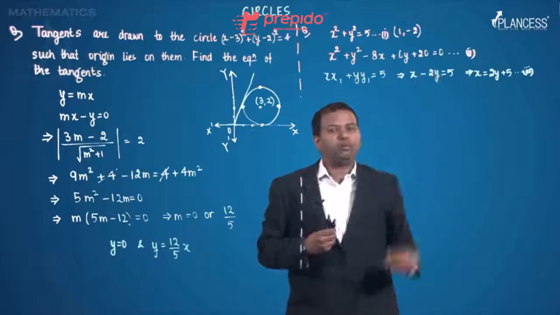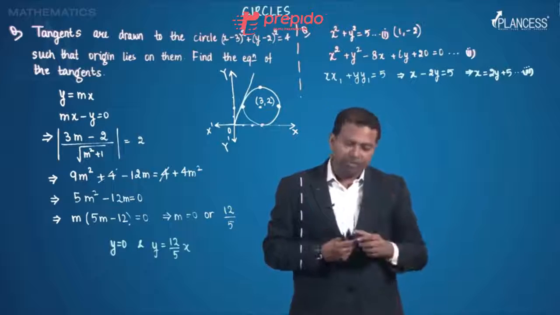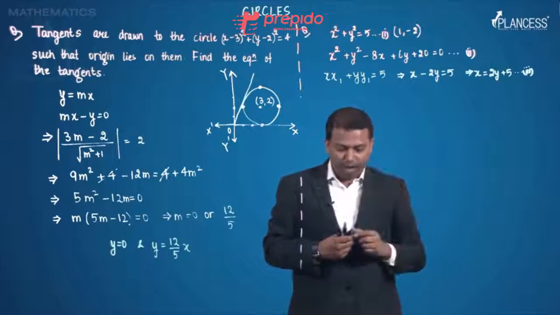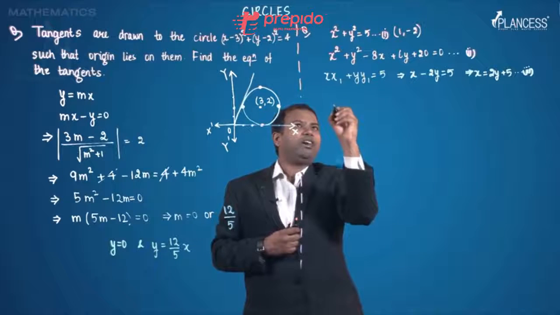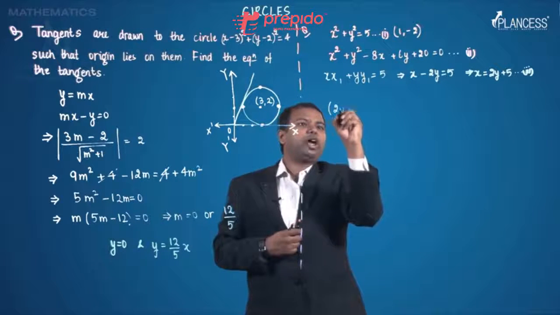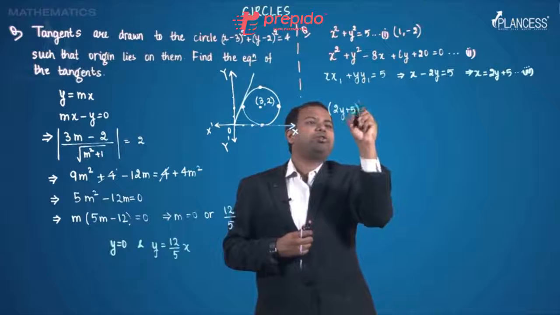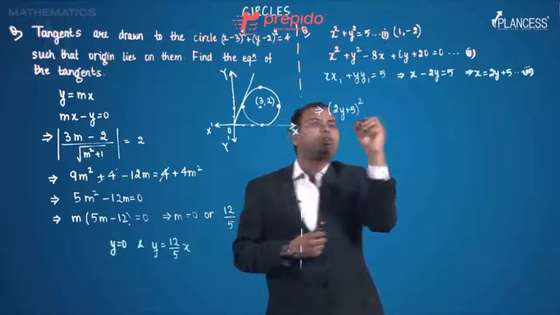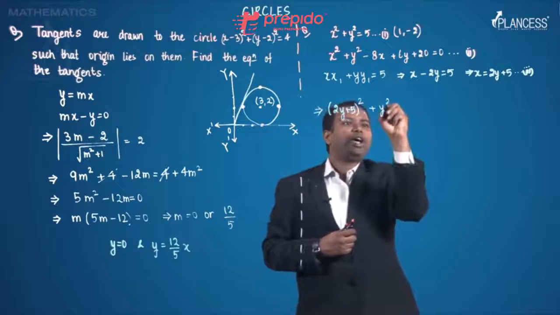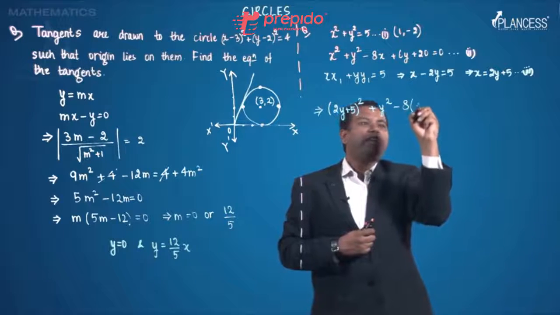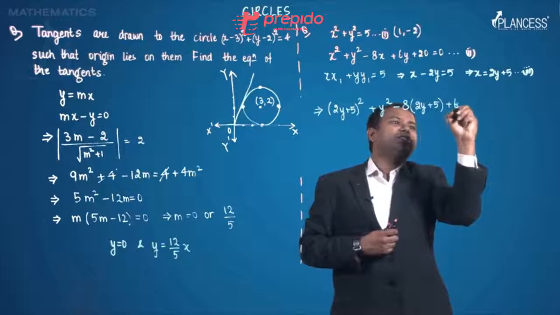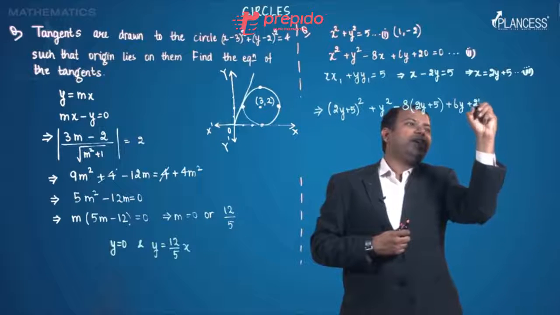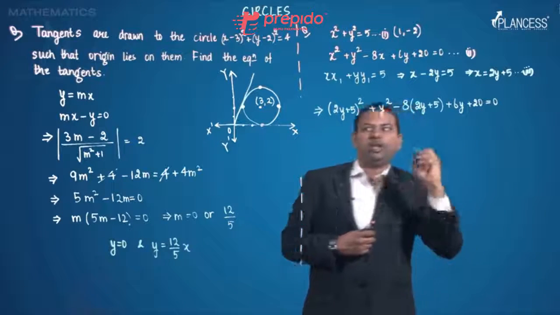That will give us the point of contact or the point of intersection if there are more than one. So, let us try to do that. We substitute it there. We have 2y plus 5 whole square plus y square minus 8 times 2y plus 5 plus 6y plus 20 equal to 0.